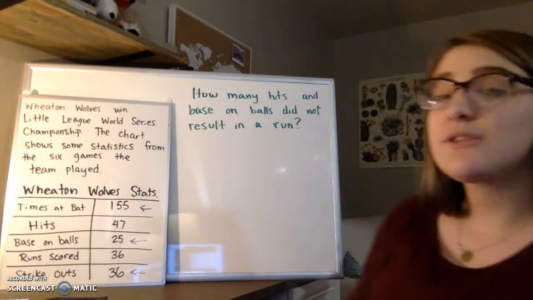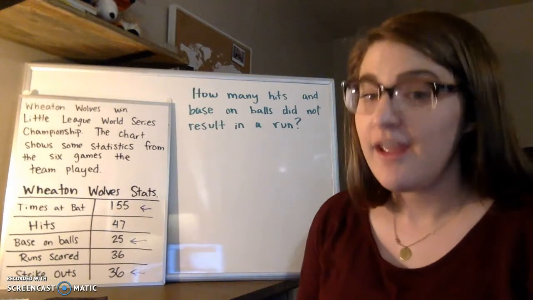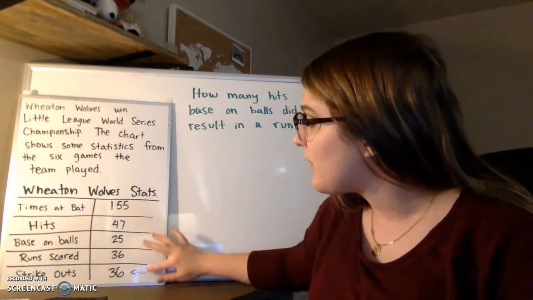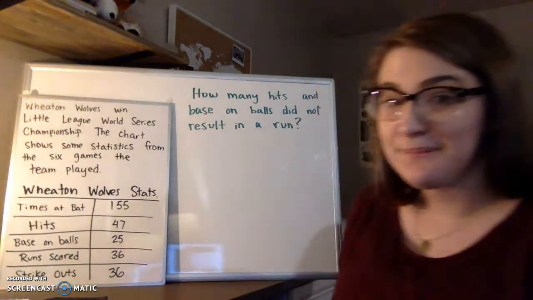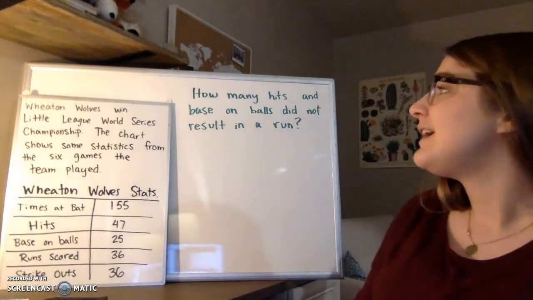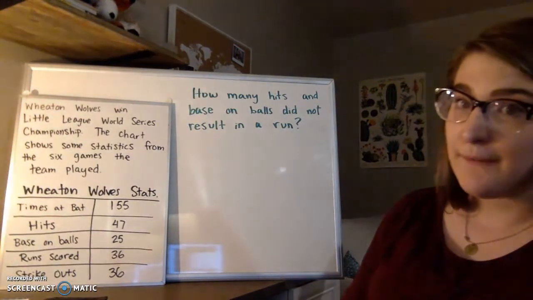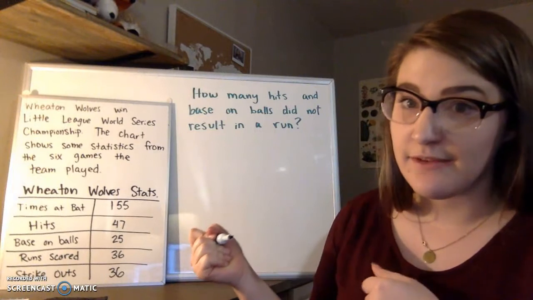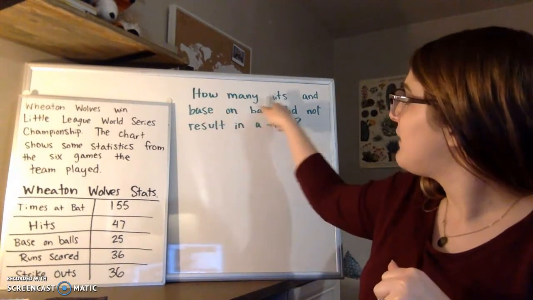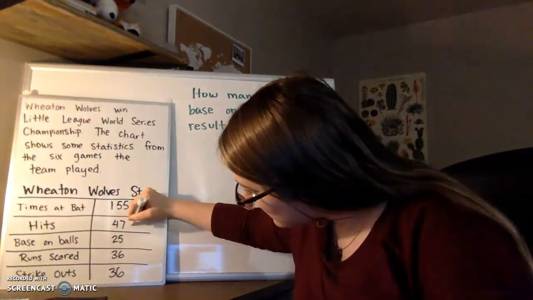So let's read the question again and identify what information from our table we're going to be using this time. Okay. So how many hits and base on balls did not result in a run? Okay, what's the first piece of information that we are going to be looking at? How many hits? Okay, so hits.